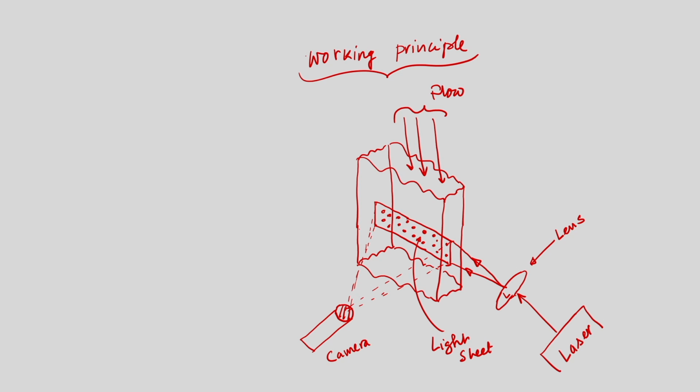Right, and the small particles are the seeded particles. So, from this schematic, at least it is clear that this system is very simple, in which we have one light source, laser, one lens, then one camera.